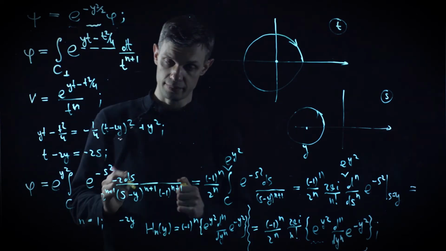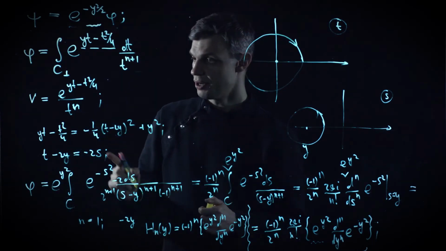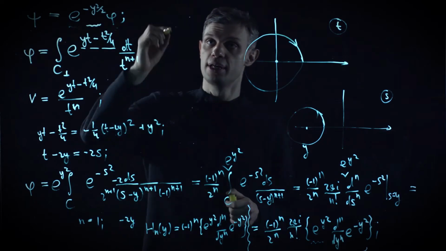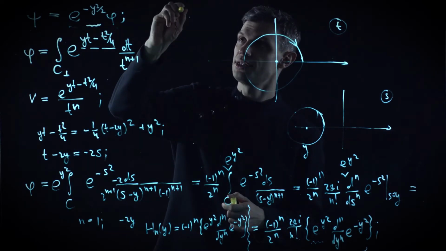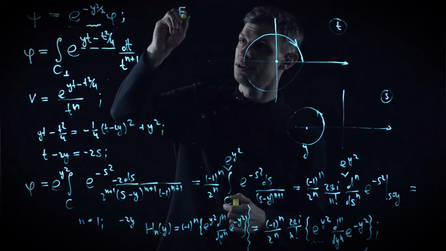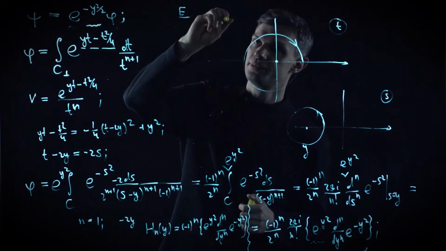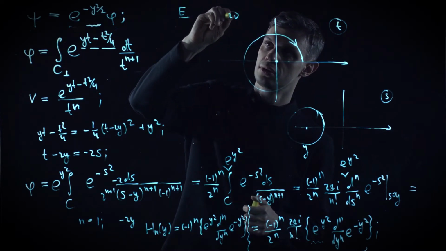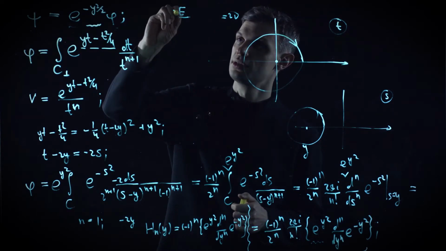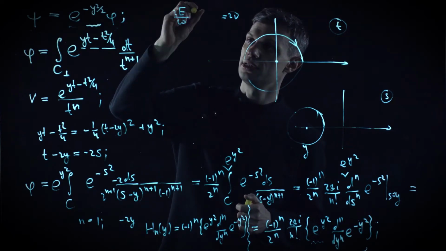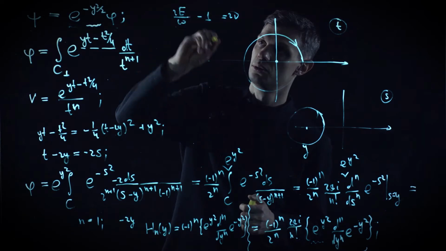And as you remember, our new parameter, which has now turned into the integer n, was related to our initial energy parameter as follows: 2 nu was equal to 2e divided by omega minus 1.